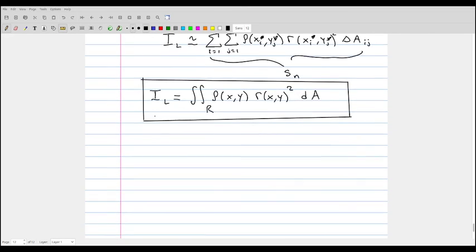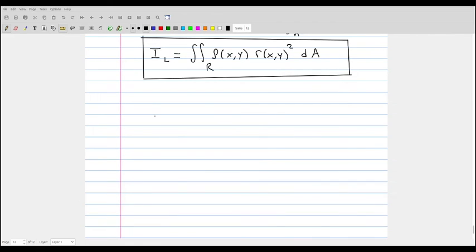This is a general formula that you can always use to find the moment of inertia, but we have a couple of very specific moments of inertia that we very often care about when we're talking about a region. The moment of inertia about the x-axis is going to be the double integral of the density function times x squared, because the squared distance of any point to the x-axis is just x squared.